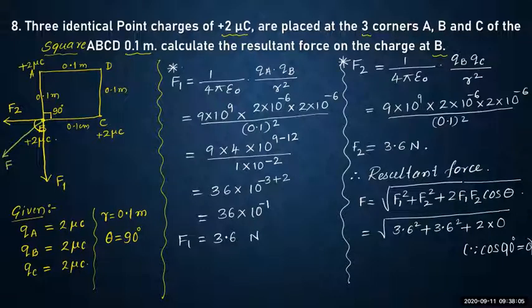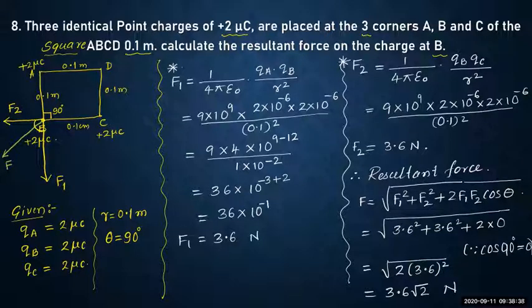Therefore, cos 90 is 0. So instead of substituting, just remove it. Therefore, it is square root of, can I write it like this? A small trick: 2 into 3.6 whole square. Because 3.6 square plus 3.6 square, there are two same terms. That's why it is written as 2 into 3.6 square. Now this square and square root cancel. Hence it is 3.6 into root 2 Newton.